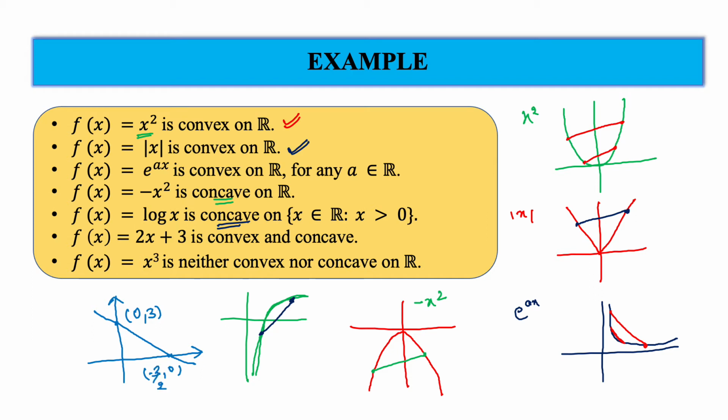It will be on the other side. If you take y equal to 0, x will be minus 3 by 2.